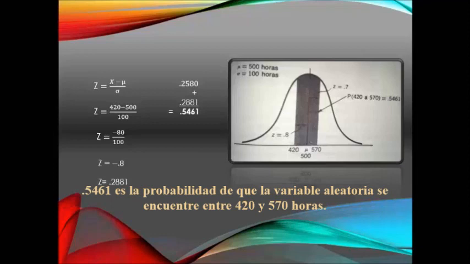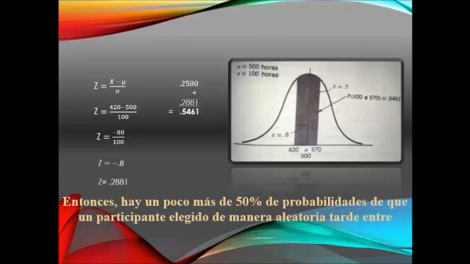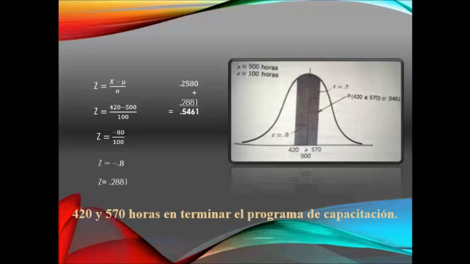And 0.6461 is the probability that the random variable is between 420 and 570 hours. So, there is a little more than a 50% chance that a participant at random takes between 420 and 570 hours to finish the training program.